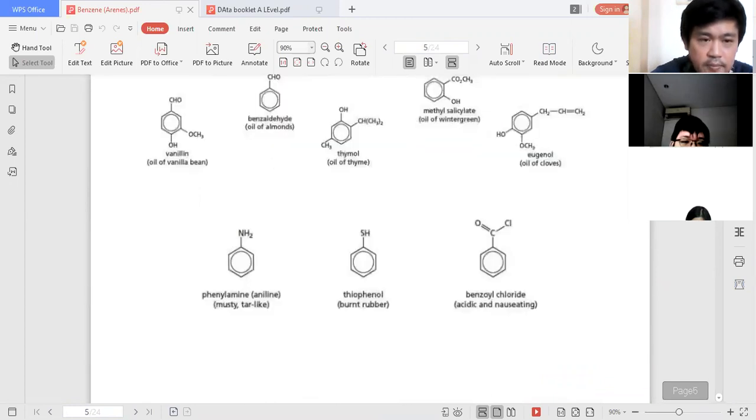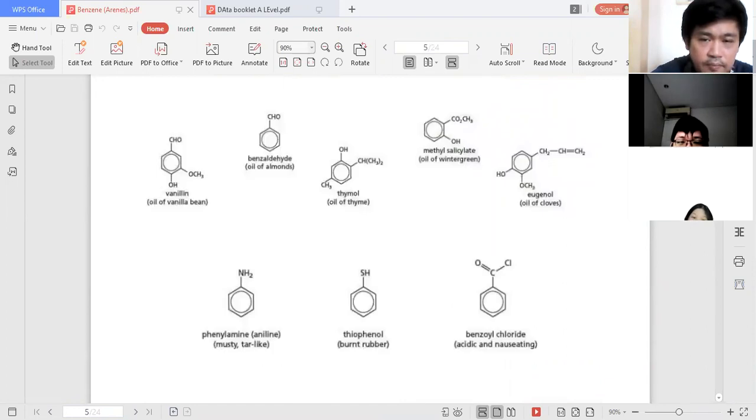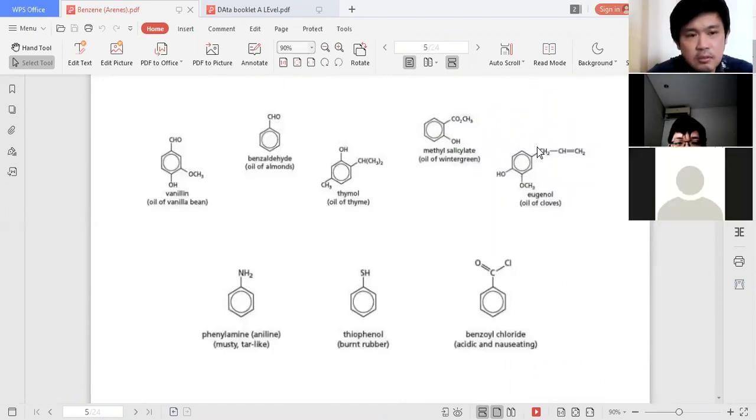In this structure, one of them must be the first that reacts with the benzene, and then the next one will become the substituent. That is called the substituent of the benzene in the substituted benzene.